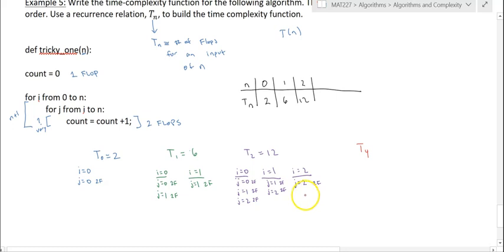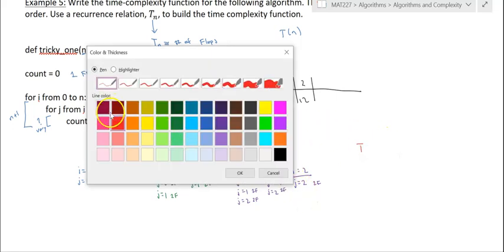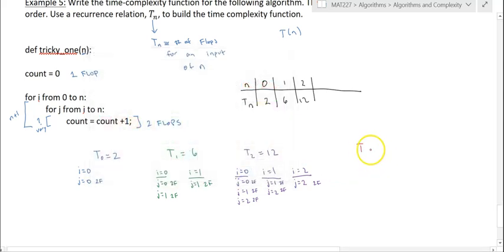So I'm going to predict that for T3 it's going to require a total of 20 flops. Because what I'm anticipating here is that for i equals 0, it'll run 4 2-flop iterations, and that will give us the extra 8 that goes on here.